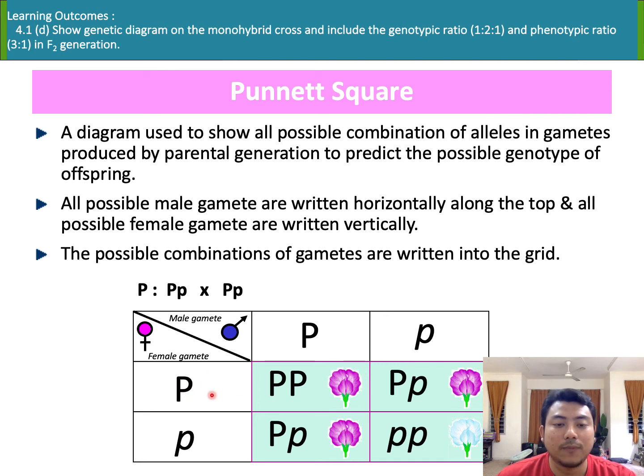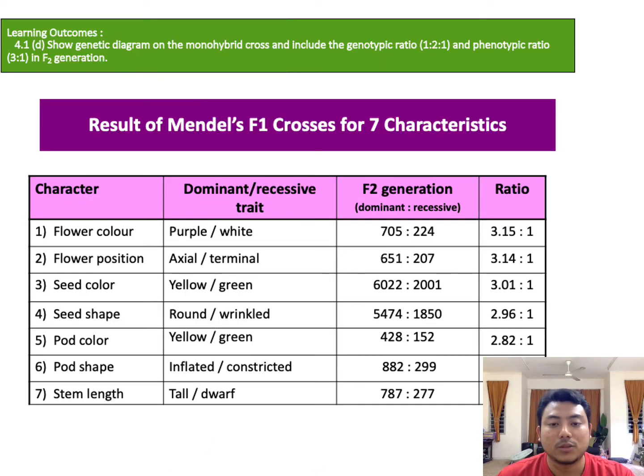So what if P besar fertilized with P besar, then you have the P besar P besar over here. What if the female gamete with P kecil fertilized with P besar of the sperm here, then you have this possibility, and this possibility for this one and that one. So it will still give you the same phenotype ratio and also genotype ratio.